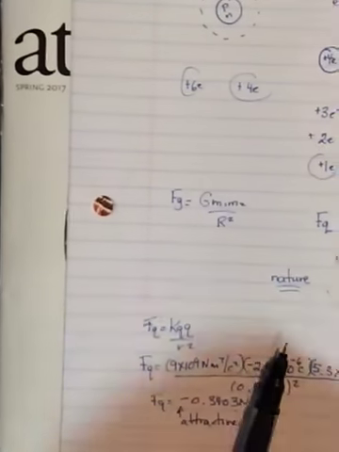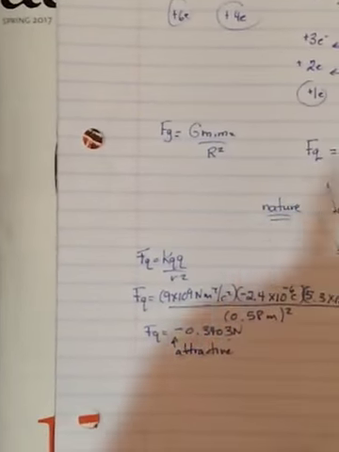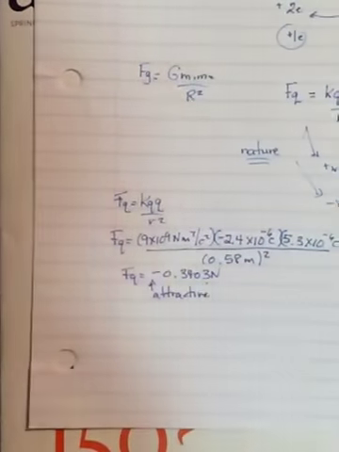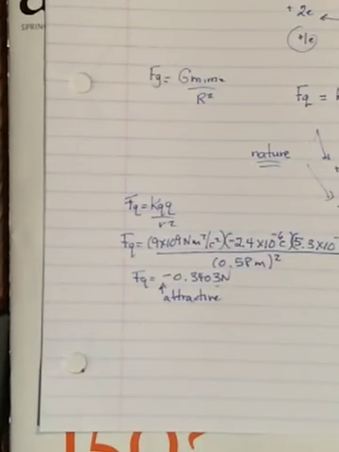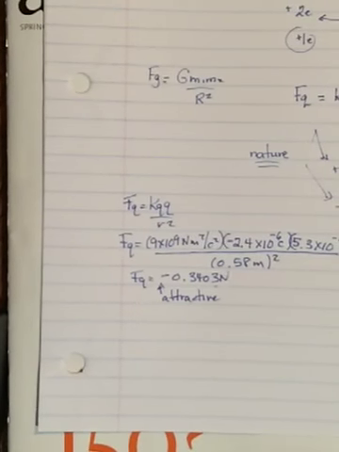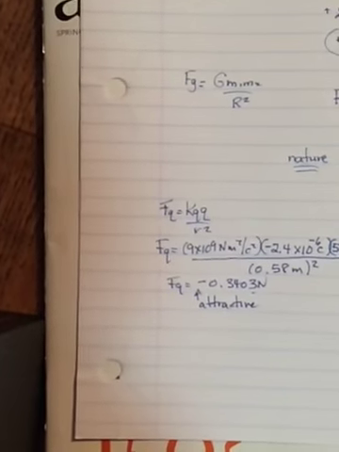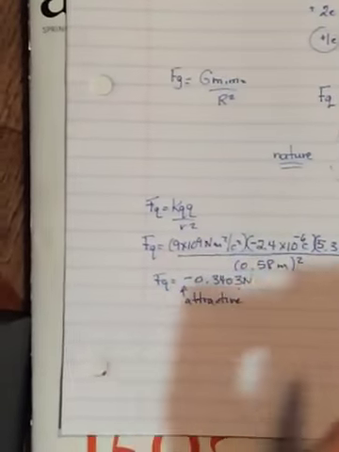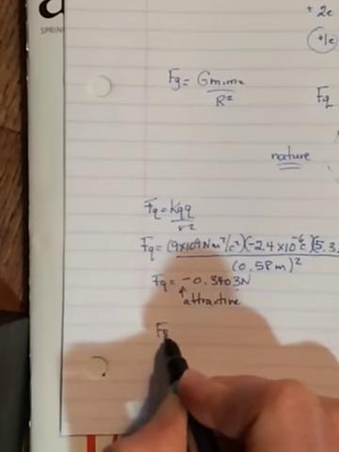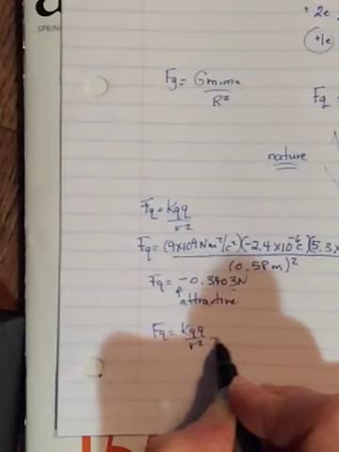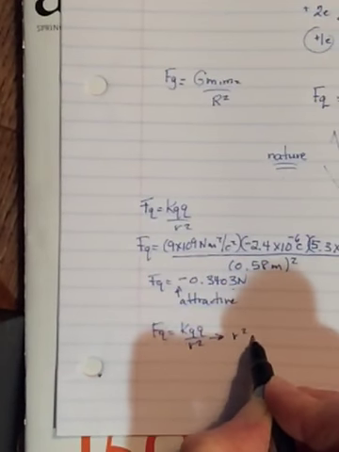All right, next one up, question 2. It says, the electrostatic force of attraction between charges of positive 4 microcoulombs and negative 3 microcoulombs is 1.7 times 10 to the negative 1 newtons. What is the distance? So this time you're doing FQ is equal to KQQ over R squared, but you're rearranging for R squared.